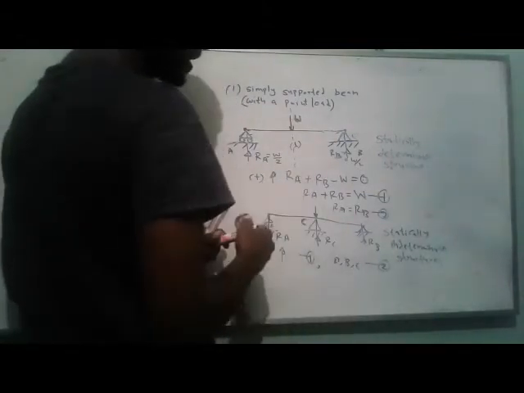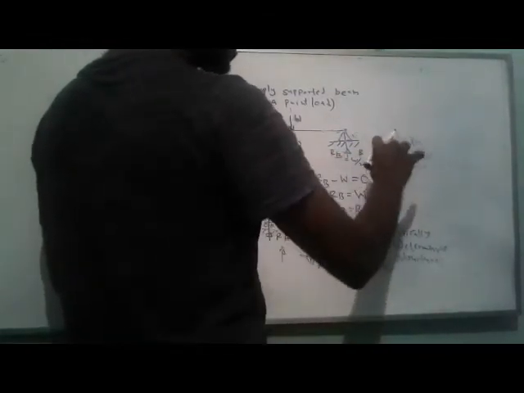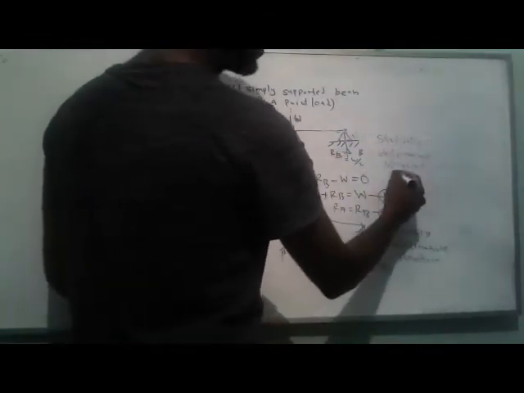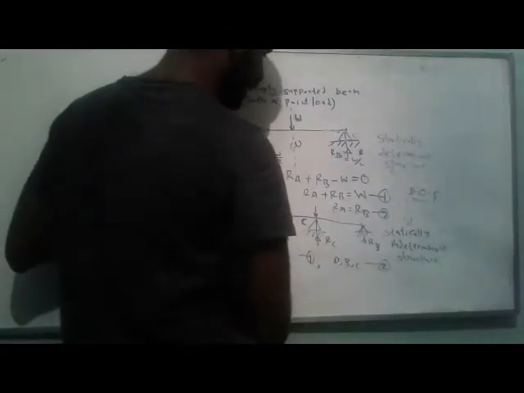So don't be worried about those things. You don't have to remember them now. I will teach you in this regard when I do the lesson on degrees of freedom. So let's move on to drawing shear force and bending moment diagrams.